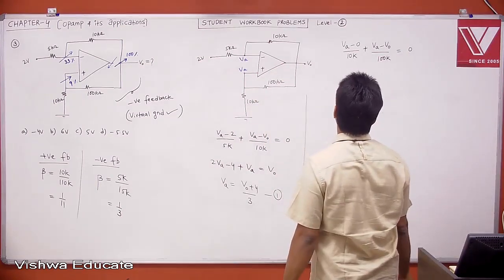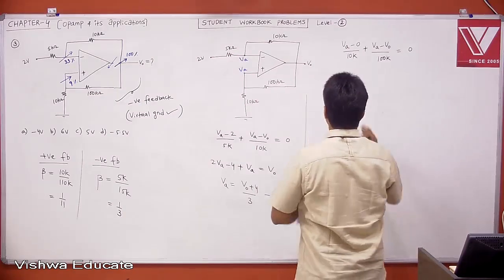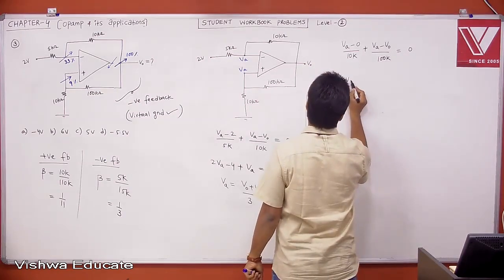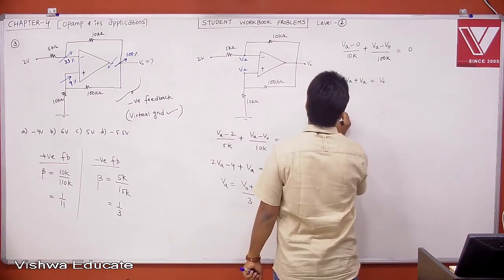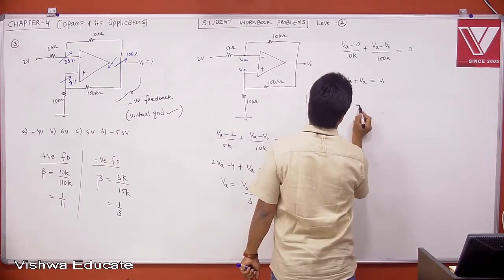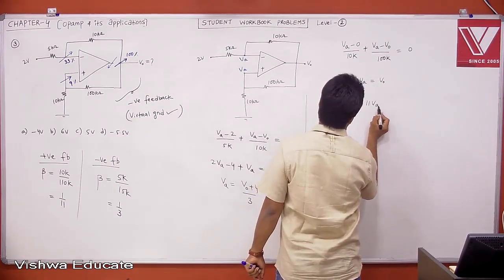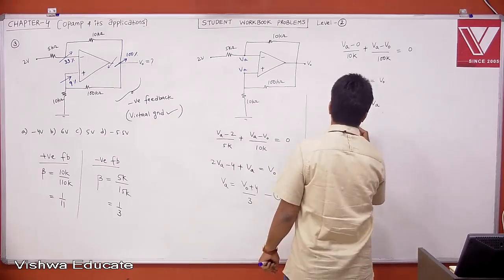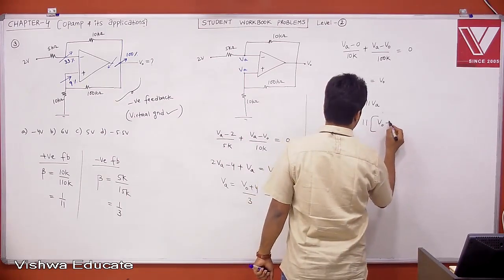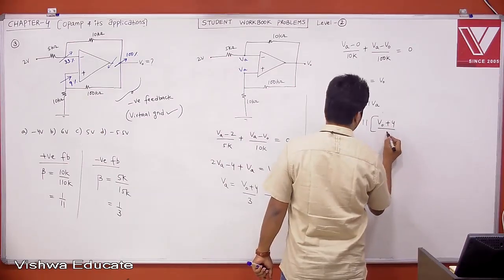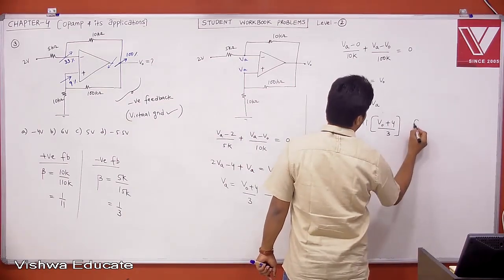Multiply with 100K. When you multiply with 100, 10 VA plus VA is equal to V naught. Therefore, V naught is equal to 11 VA. And what is VA? VA is nothing but 11 into (V naught plus 4) divided by 3 from 1.